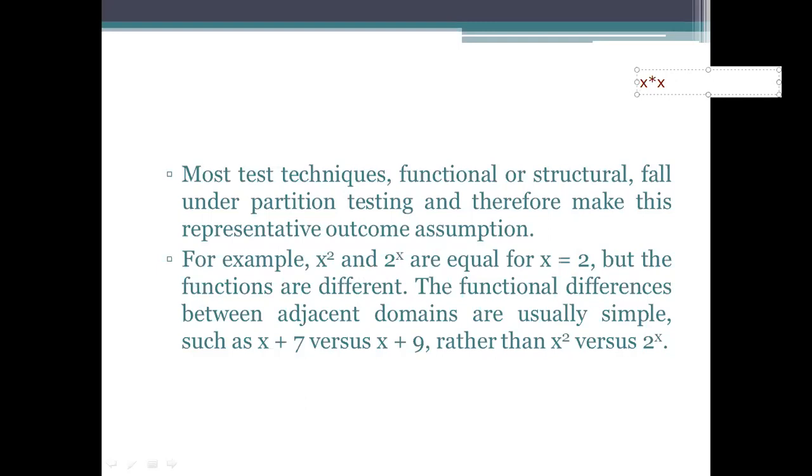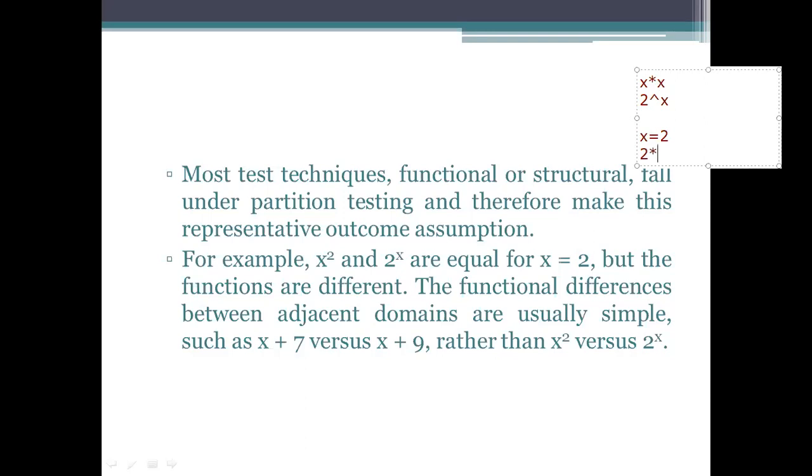Okay, so here 2 to the power of x is also specified. 2 to the power of x means whatever x value we are providing is substituted there. For input, I am taking x equals 2. With x equals 2, first substitute it in x square.